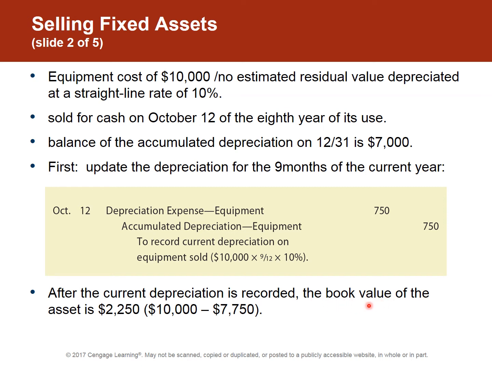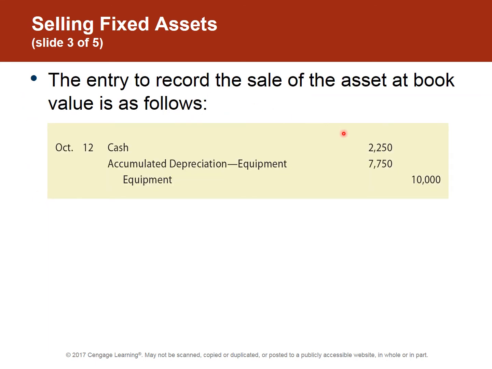So to continue with this problem, all we need to do now is compare the amount of cash we receive with the book value. If we receive no cash, then we lose $2,250. If we receive more than $2,250, we have a gain. Less than $2,250, we have a loss. So if we sell it at book value and say, hey, I'm going to sell this asset regardless of what it is. Lots of times companies will have a car and they will sell them to their employees at book value.